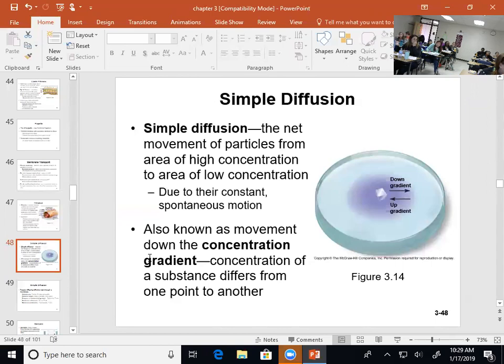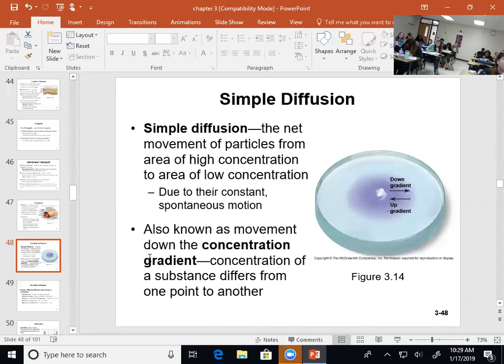Megan could smell it immediately, but it took you a little bit. They moved from high concentrated areas to lower. Did it take any energy? Did I have to stand up here and do something for that to happen? No, they just diffuse from high concentrated areas to lower.